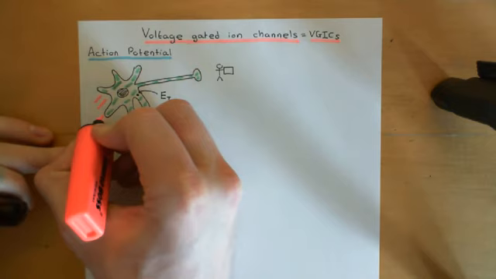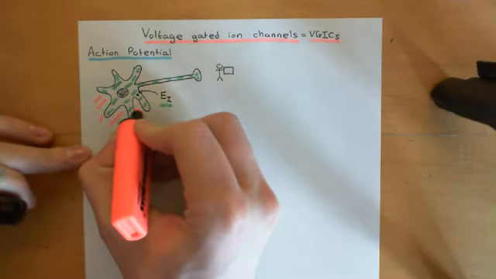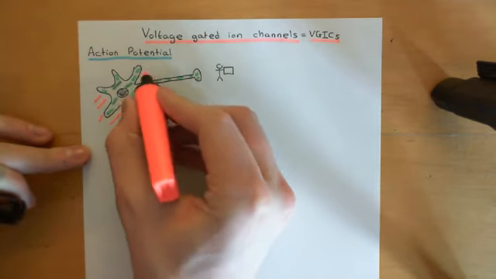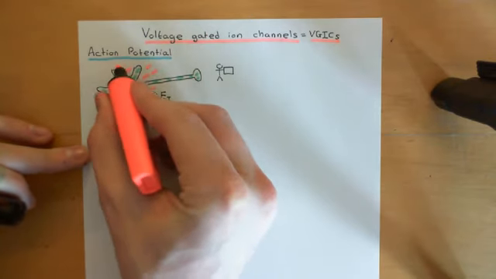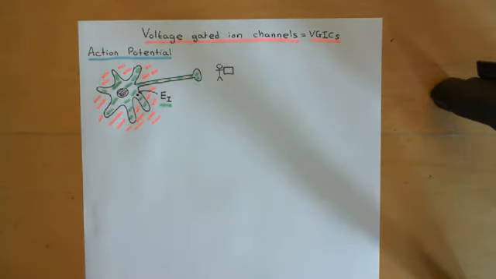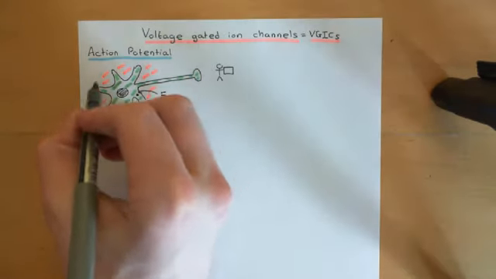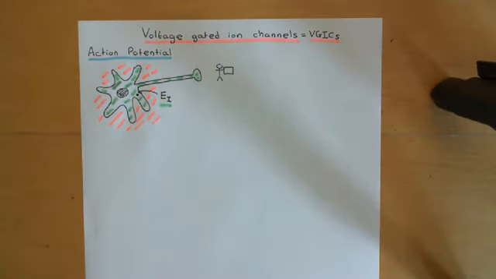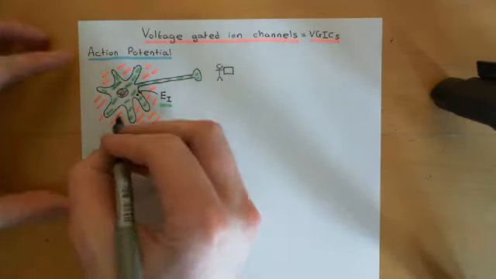Now, similarly, all the points outside the cell have the same electrical potential, because they're all in electrical equilibrium with one another, because of course they're in contact with one another. All of the extracellular fluid points here are in electrical equilibrium with one another, and the electrical potential of all of those points is the same. So if my little man went and stood in any of these red portions and measured the electrical potential there, he would get the same answer.